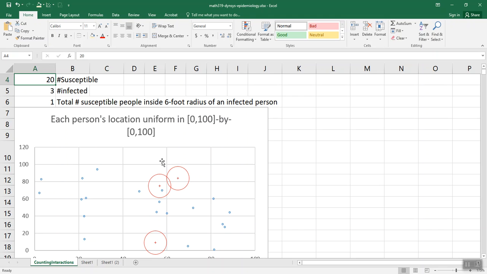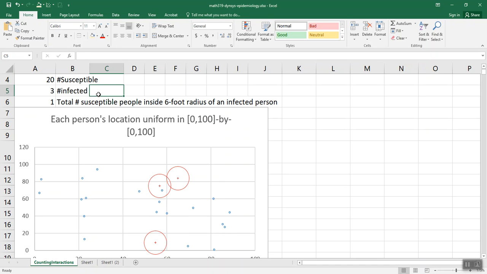And it puts 3 infected people randomly in the square 0 to 100, 0 to 100. And it draws a circle of radius 6-ish around each of the infected people, and then counts how many susceptible people are within a 6-foot radius of an infected person. So here there's only one person inside the infectivity radius, you could say.